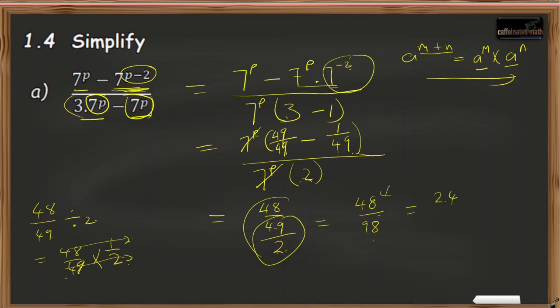That's just going to be 24 over 49 if I divide both by 2, or if I take out the common factor of 2.